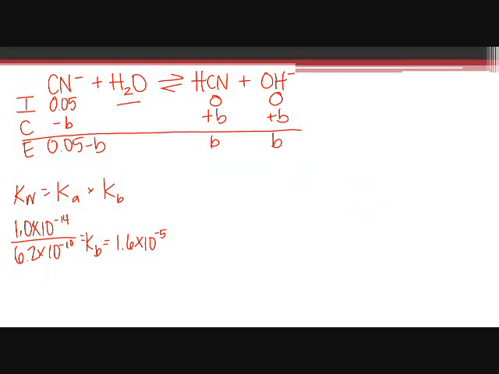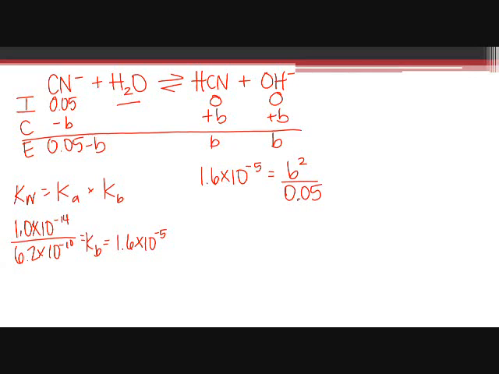So then now, when we use our equilibrium, we can take that 1.6 times 10 to the negative 5 is equal to B squared over, and remember we make our assumption that it's going to be so small that we can just take it off. The change won't be very big, and just put in the 0.05 in the bottom.